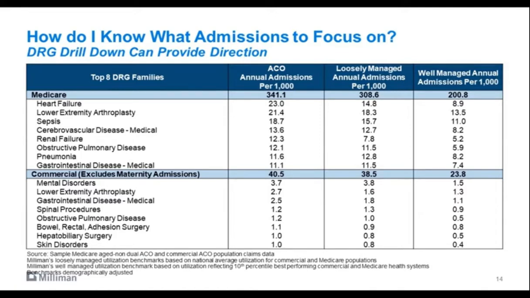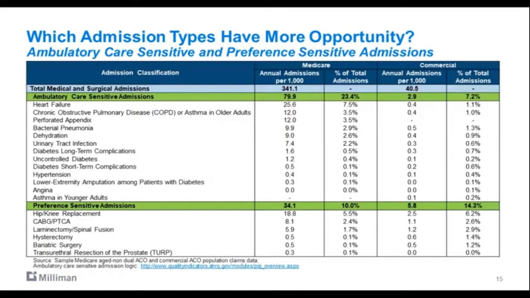But being able to understand what types of admissions are driving my higher utilization is very useful, although, again, does an organization want to reduce their surgical admissions? That is a big moneymaker. So the focus is on admissions that are potentially preventable. And the potentially preventable admissions we often refer to as ambulatory care sensitive admissions on the medical side and preference sensitive admissions for surgical procedures.